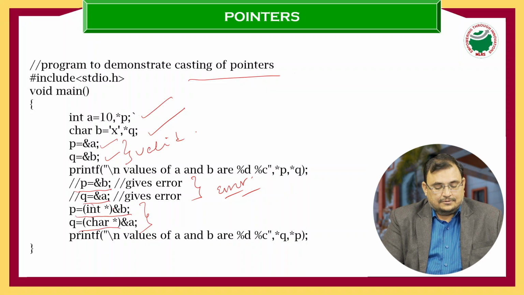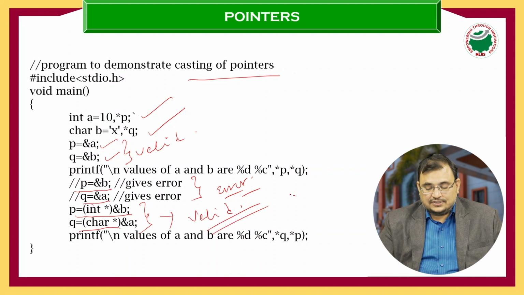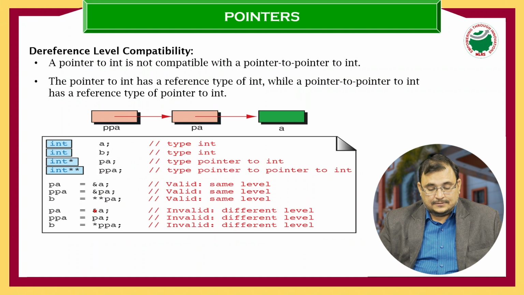Before ampersand a you put int star, and before ampersand b you put char star, and the problem will be solved. They are valid. This is the use of the cast operator with pointers.